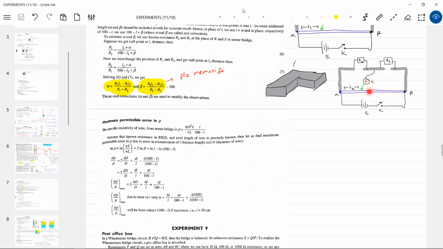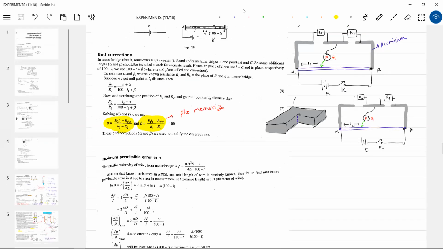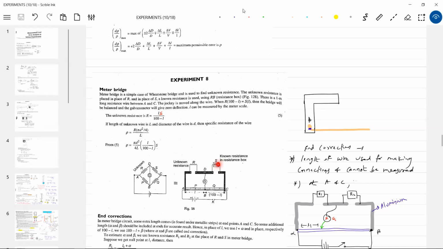Then the error will be minimized. Is this random error or systematic error? Random error. The random error will get minimized when you take the readings nearby that point. In that way, the resistance of the standard resistance box should be adjusted in such a way that the reading comes near the midpoint, 50 centimeter.